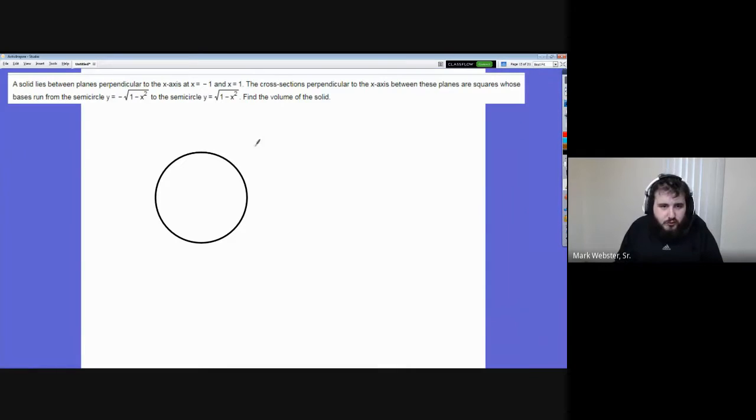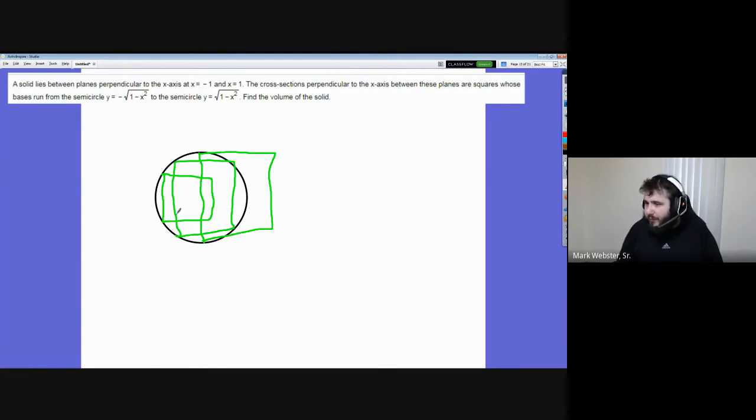I'm going to try and draw straight, but it is what it is. Imagine a whole ton of squares on this shape, and each one is the size of the circle at that point.